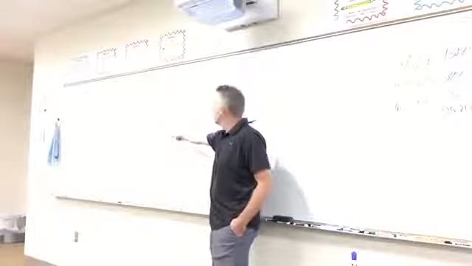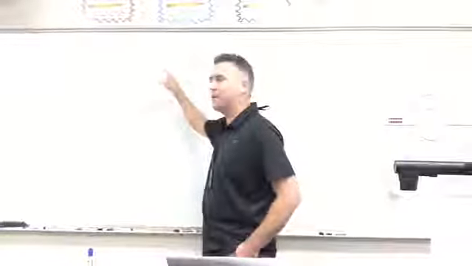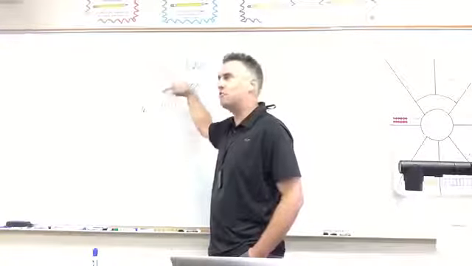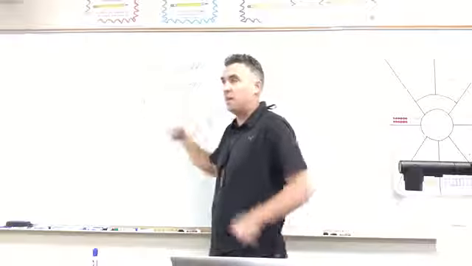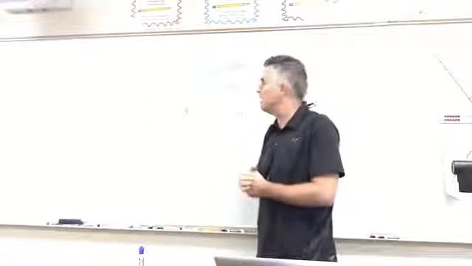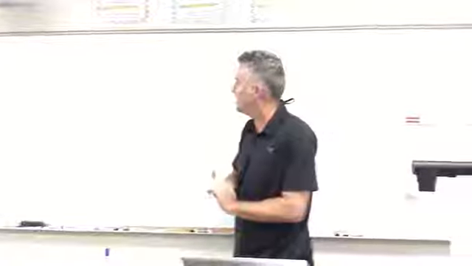Now for the fun of it, try M2 times M1. Try flipping them around and see what your computer tells you. Undefined. Your computer is telling you, hey, your inner dimensions don't match. The columns in the first one do not match the rows in the second one, therefore they are not multipliable. It doesn't have any meaning in that sense.